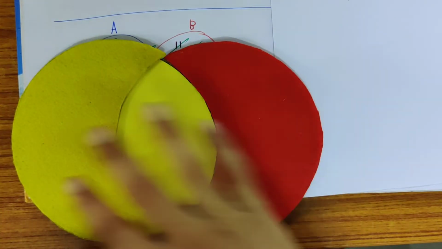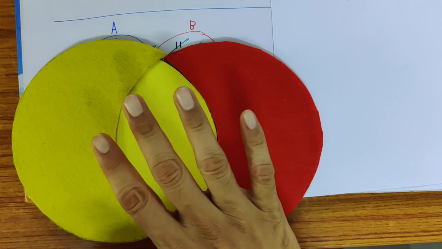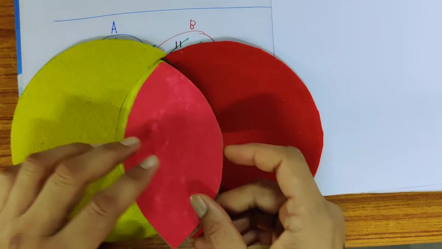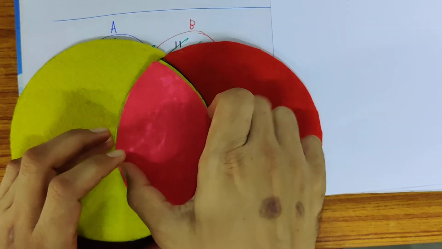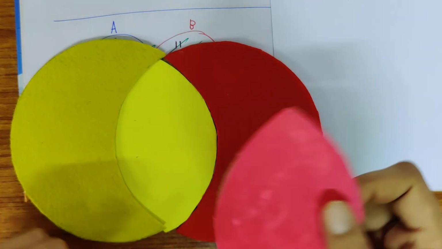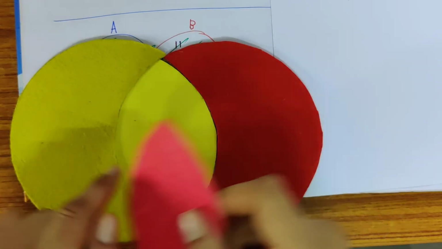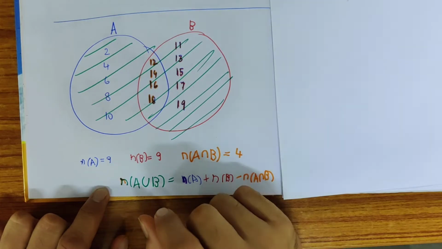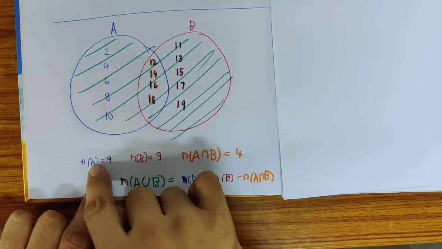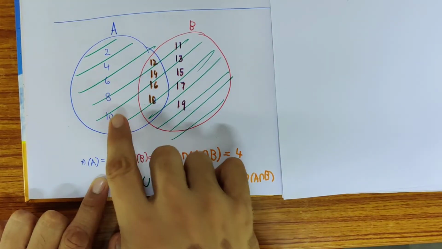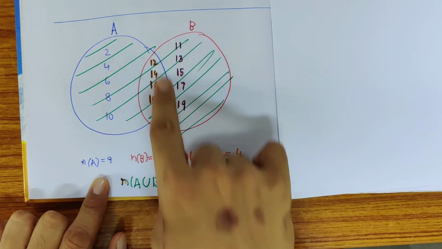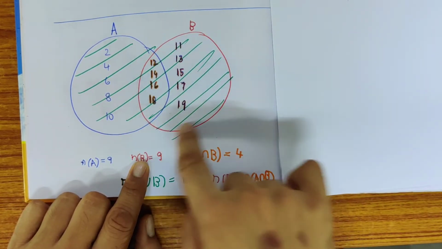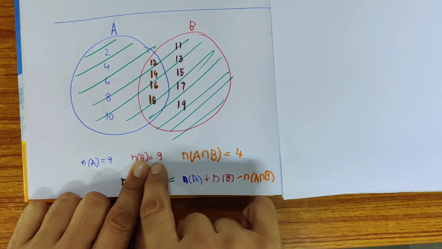So if you look at the total number of elements of the union, you can take the number of elements of A, you can add the number of elements of B, but you need to remove once the elements that are in both A and B. So in the example here, the number of elements of A is actually the 5 here plus 4, which is 9, and the number of elements of B is also the 5 here and the 4 that is in overlap, which is 9.